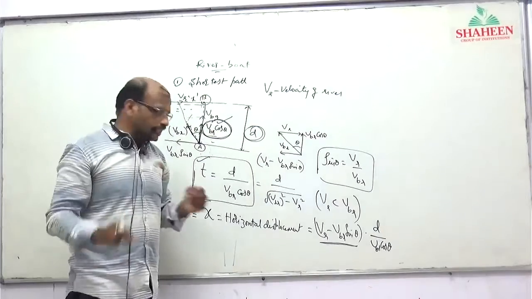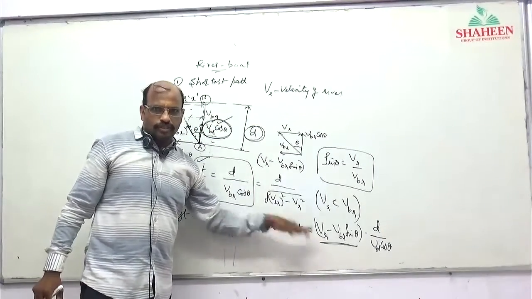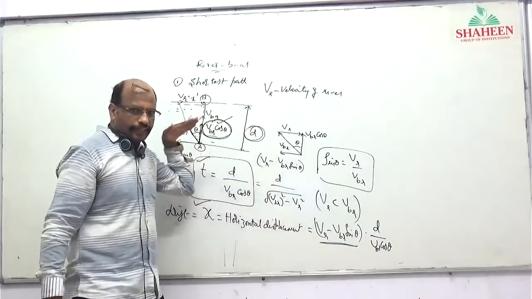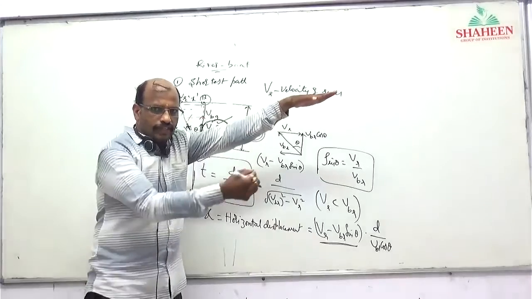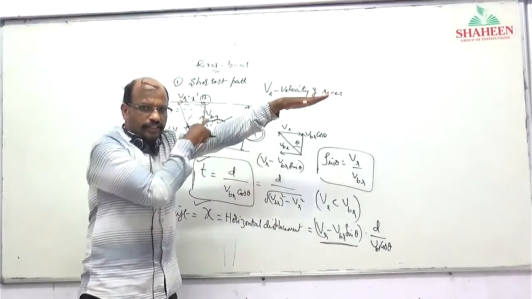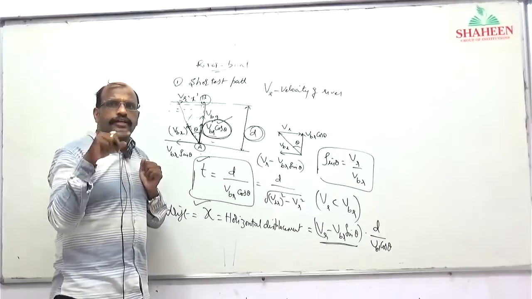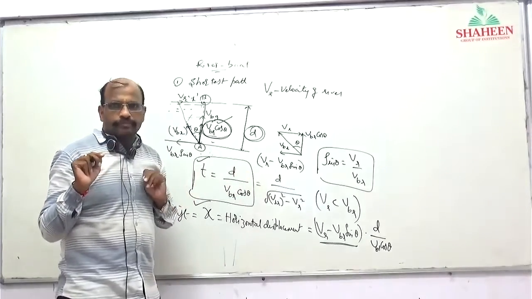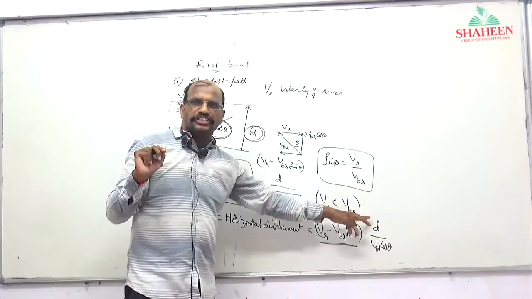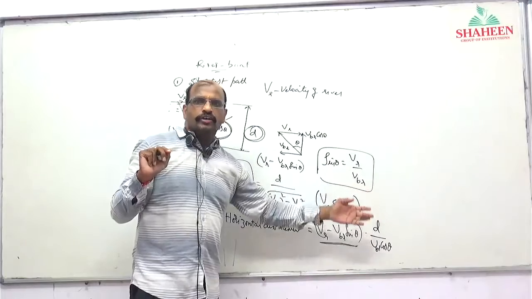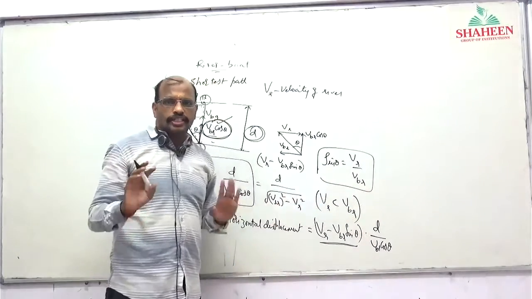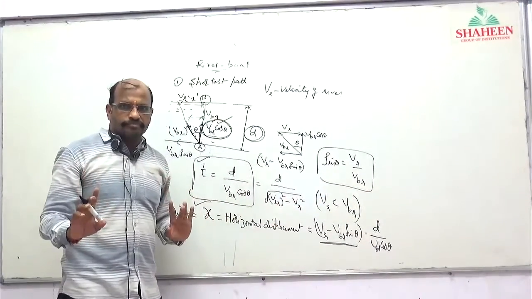Here the velocity is the resultant horizontal velocity. The resultant will be VR minus VBR sin theta because both are in opposite directions, into time t. Time t here is d by VBR cos theta. Is it clear? Drift is clear.